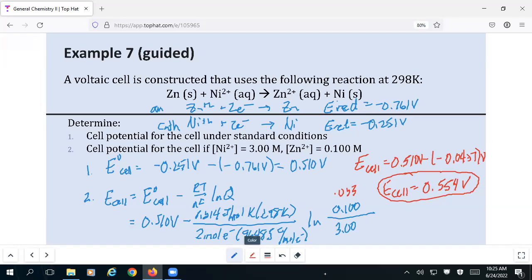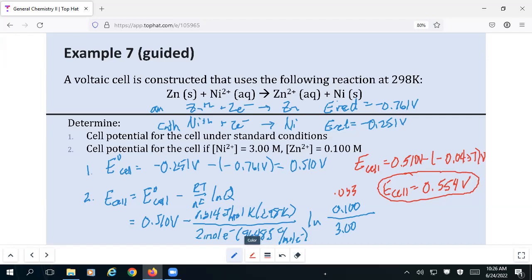And this makes some sense, right? We've got a condition that is clearly more reactant favored because we've added so much extra nickel relative to the product. And so that's going to push the reaction toward the products, which would increase the voltage.